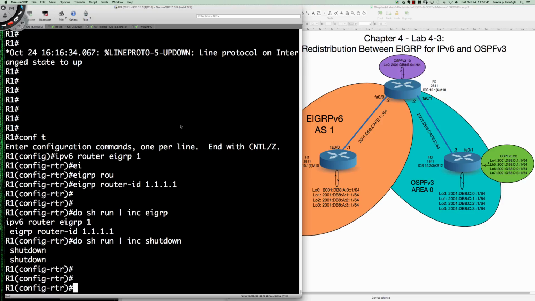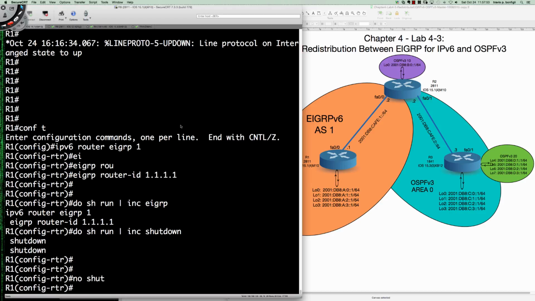Easy way for me to check, once we enable it on some interfaces, would be to also do a do show IPv6 EIGRP interfaces to see whether or not it's running. So we can type no shutdown, but again, it wasn't shut down to begin with because, as of 15 code, the EIGRP for IPv6 is not supposed to be shut down by default, but it never hurts to check just to make sure.